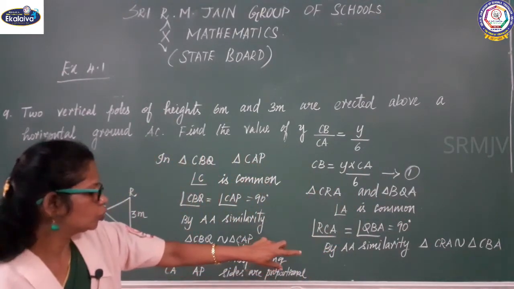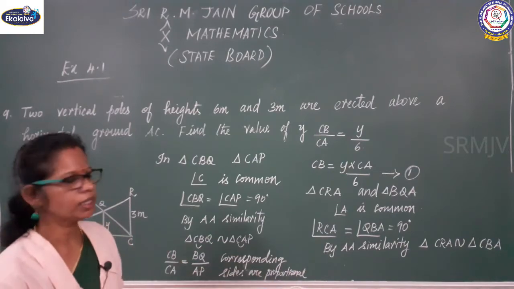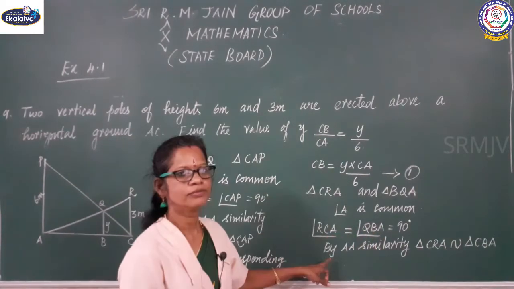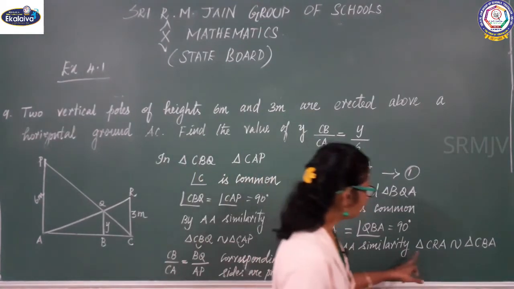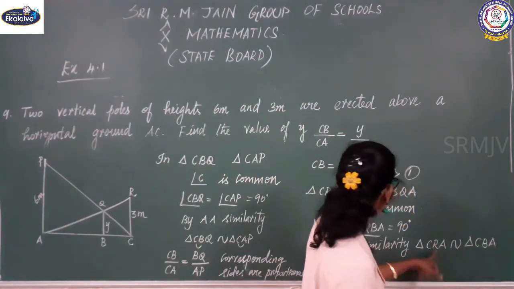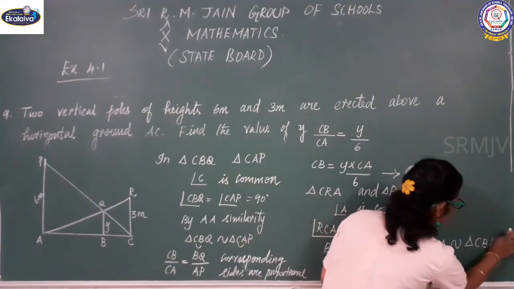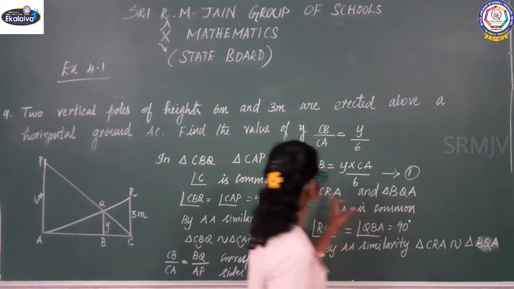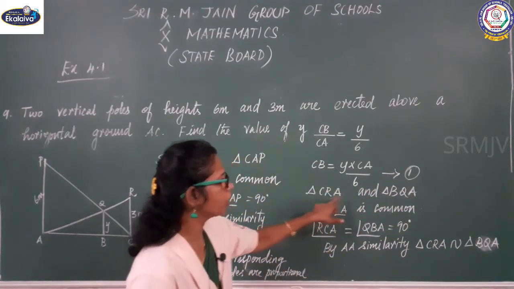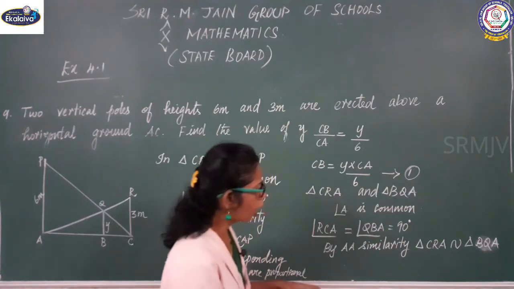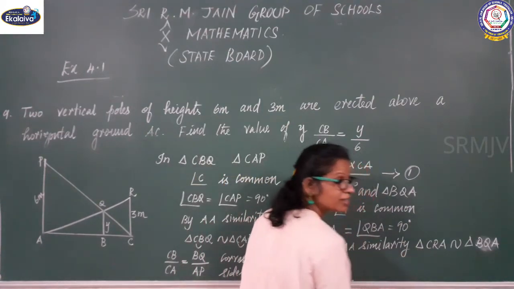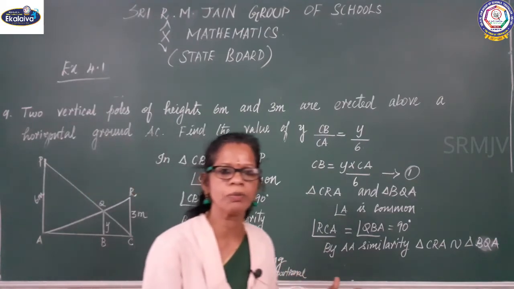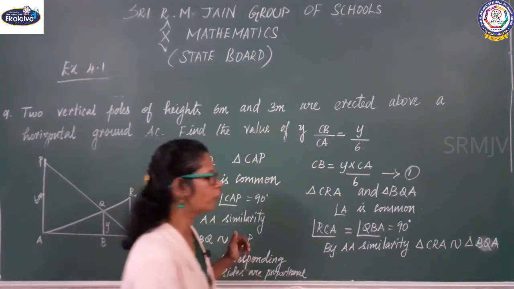Sorry children, because we are discussing triangle CRA and BQA. Now, we are going to apply the corresponding sides are proportional. Once you say the triangles are similar, corresponding sides are proportional.